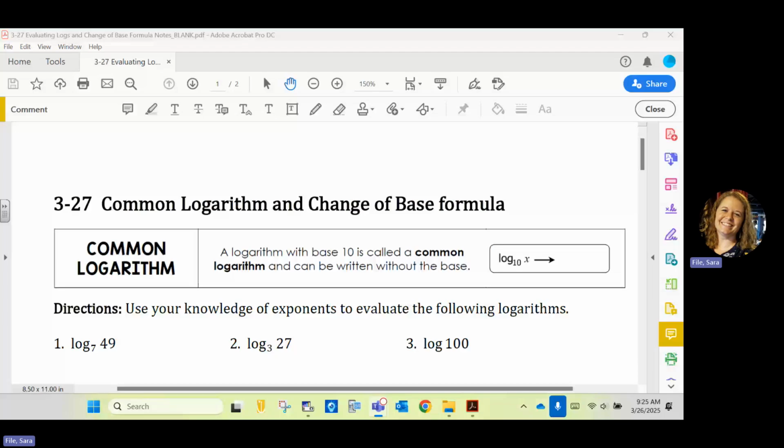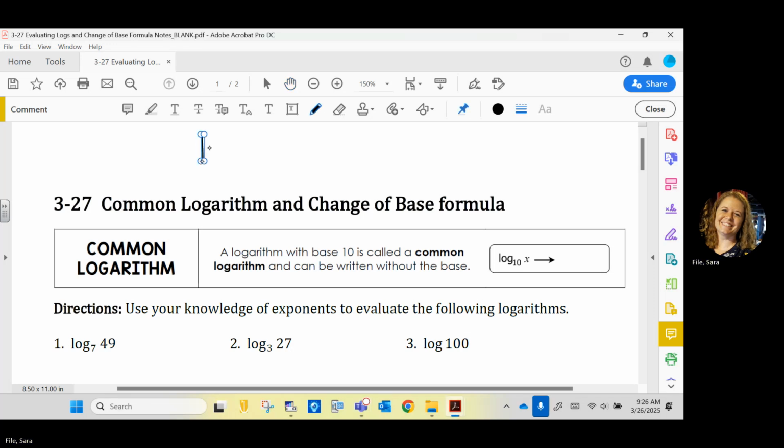Okay, we introduced logarithms. We said the log function could be rewritten as an exponential. I'm just going to jot that at the top of these notes as a reminder. Here's exponential form, and you can go back and forth between log form and exponential.